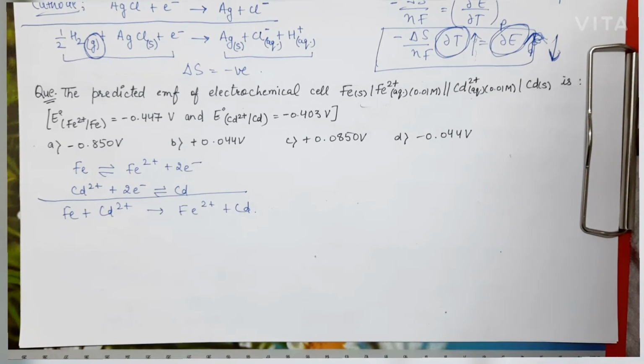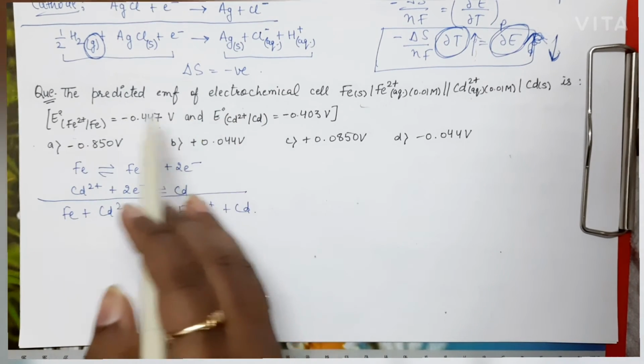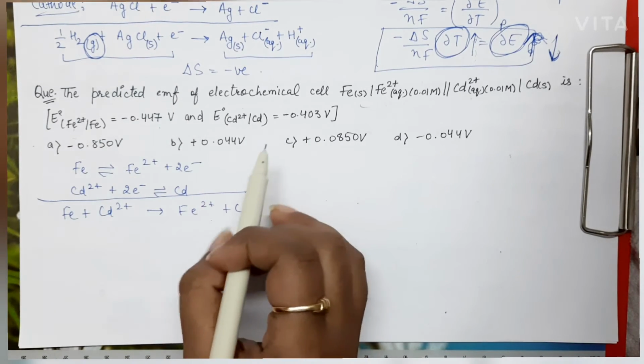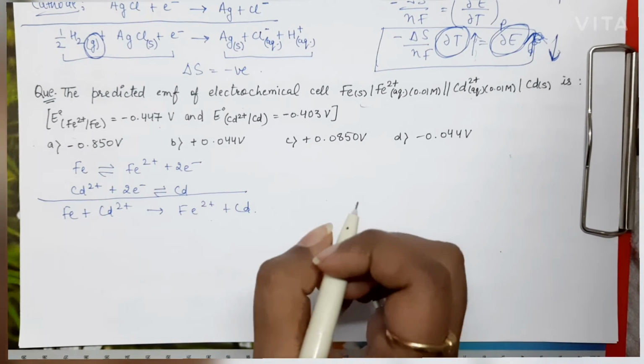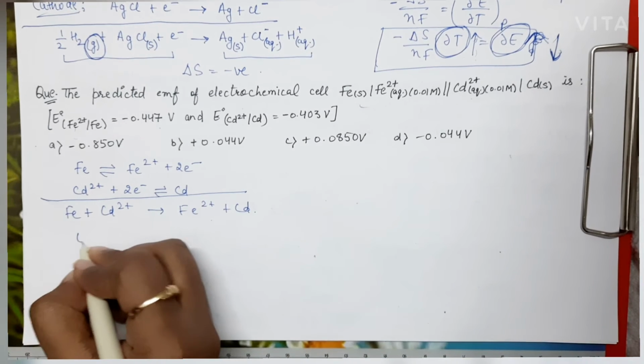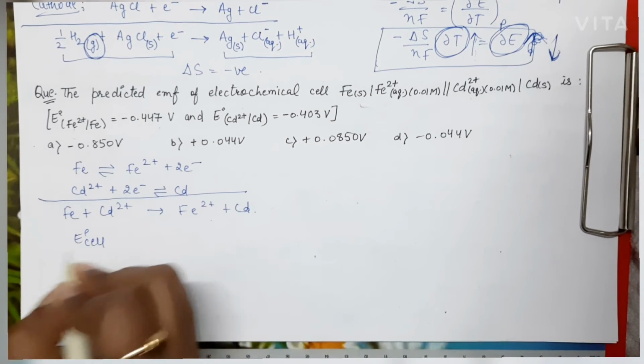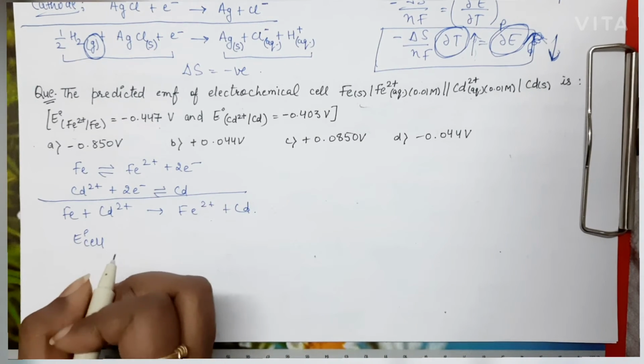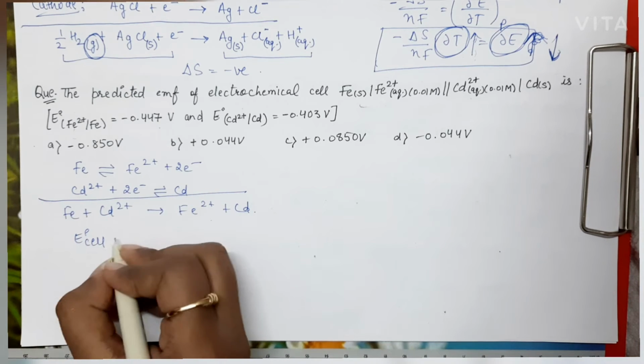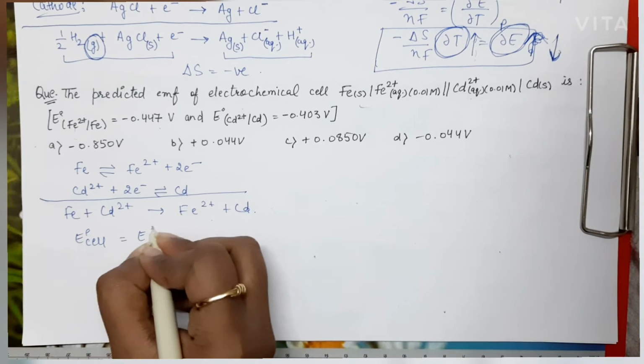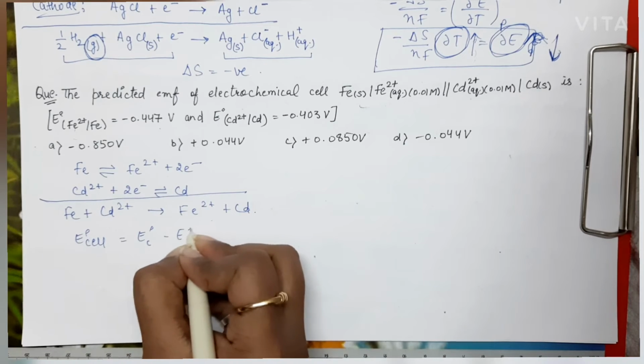So basically we have E naught for anodic and cathodic compartments, so we can find out the overall E naught of this cell. So first we will find out the E naught of the cell. After that we will use a relation and find out the EMF of the cell. So E naught of cell will be equal to E naught at cathode minus E naught at anode.